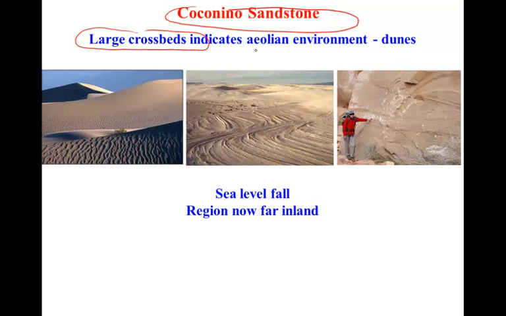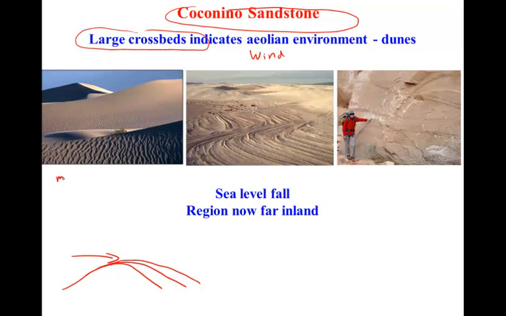In other words, in an aeolian or wind-dominated environment. Dunes are depositional features formed by wind action. And just like forming crossbeds and ripples, you also form crossbedding in dunes. Only the scale of that crossbedding is much larger.